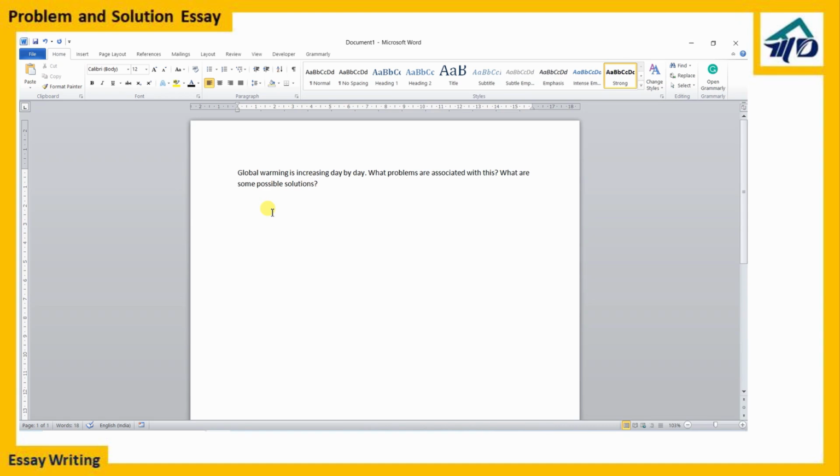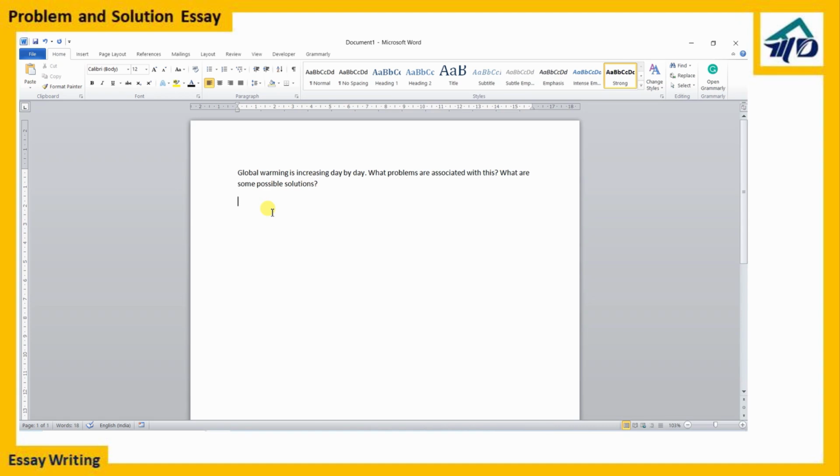I want this lecture to be a little bit short, so I'm not going to write the brainstorming points here. Why? First of all, I want the lecture to be short, and second, the topic is very easy. First of all, what about global warming? Global warming is basically when carbon dioxide or greenhouse gases trap the heat radiations from the sun.